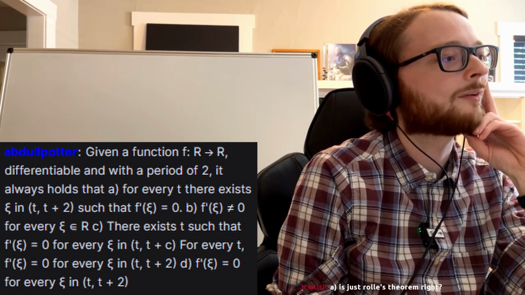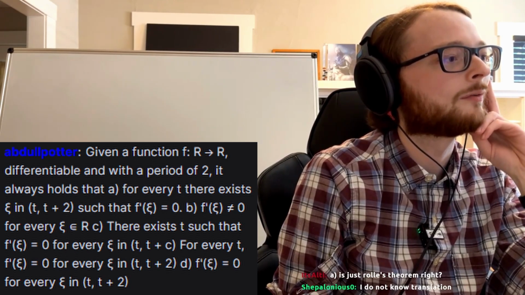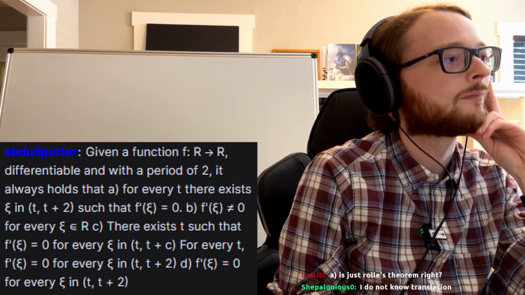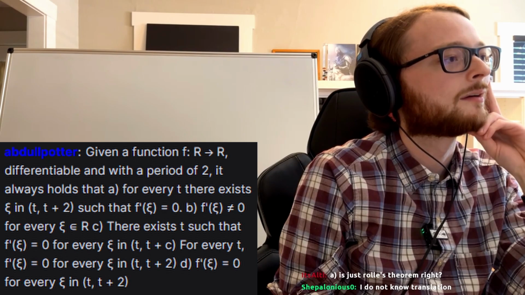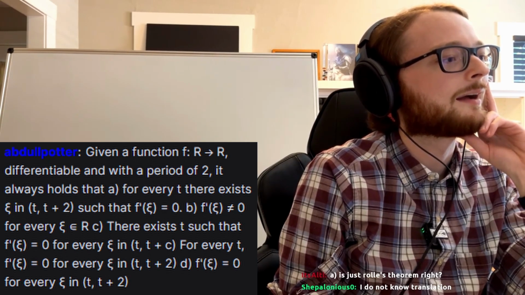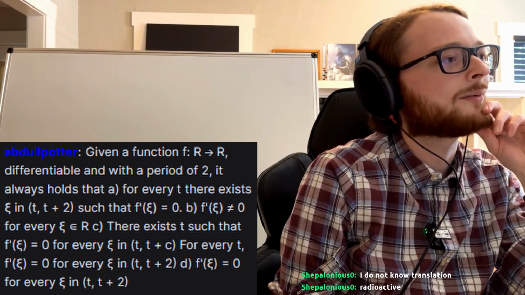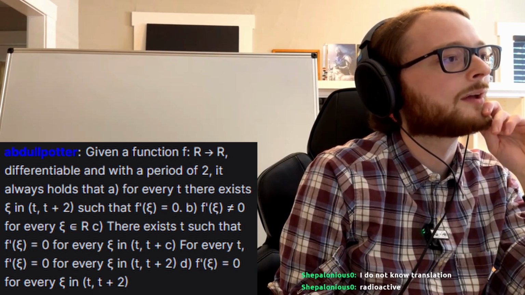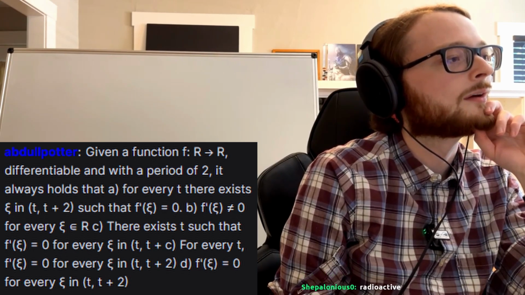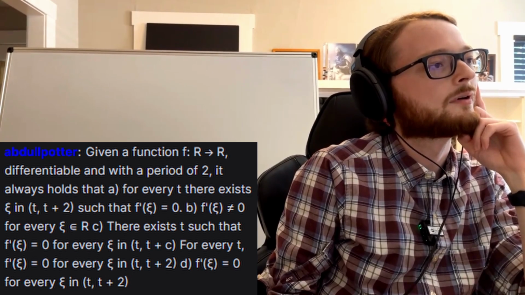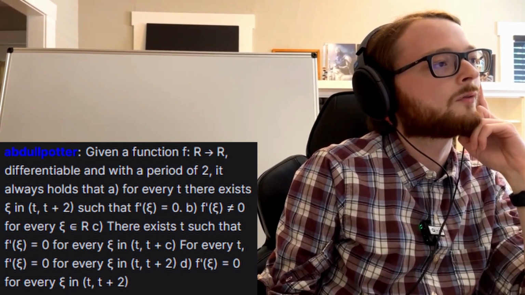I assume it's radioactive, like in the periodic table, it gives off radiation. Yeah, I think that's the word. There exists t such that f prime of psi equals 0 for every psi in t, t plus c for every t. D: f prime of psi equals 0 for every psi.